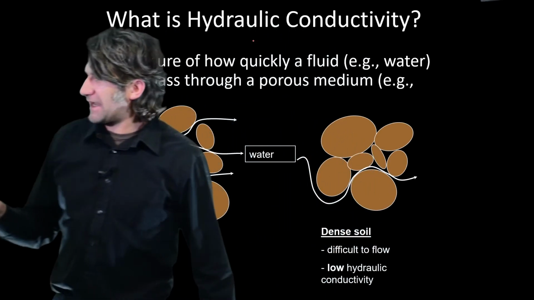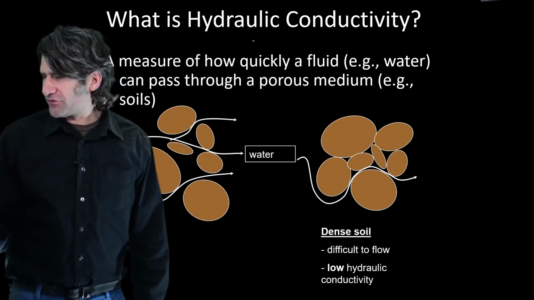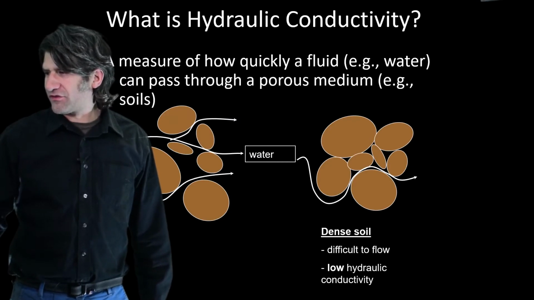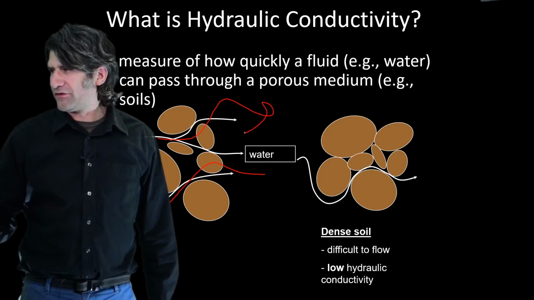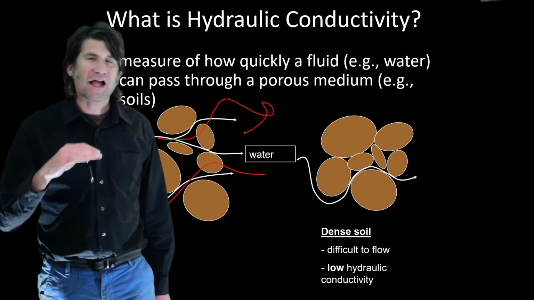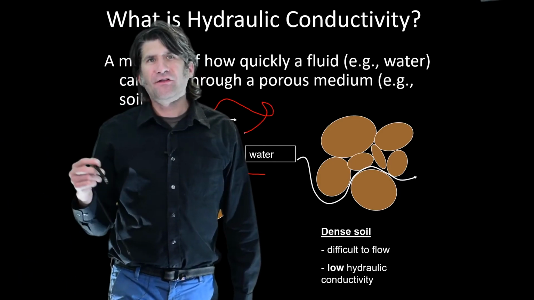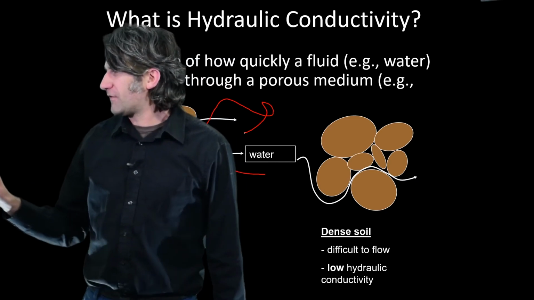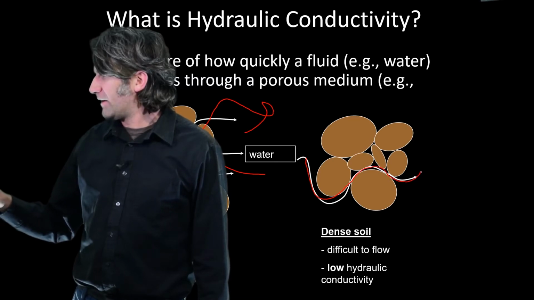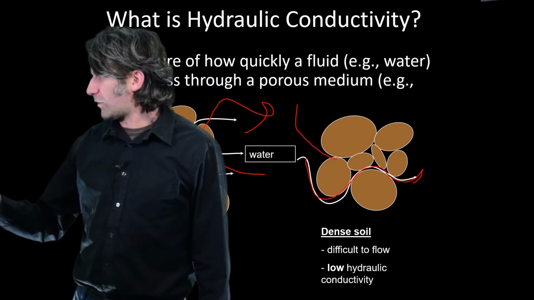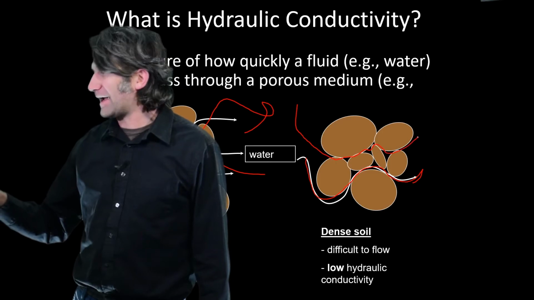So what we're looking at here is two examples. In the first example, let's say that this is a less dense soil and water can move really quickly through all these pathways. So you might have a very high hydraulic conductivity. That's going to be very different if you've got a very dense soil where it's a more tortuous pathway for the water to flow, and it's going to flow around all these tightly packed particles.